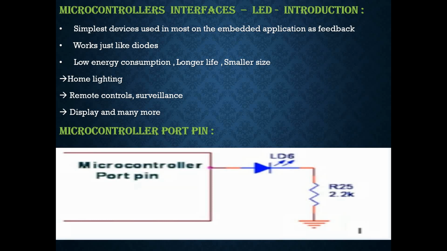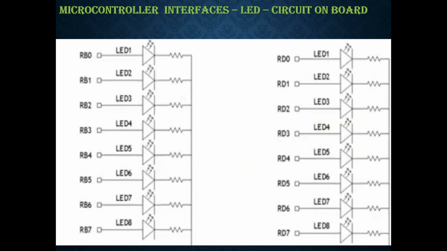This is the diagram of how we interface the LED to the microcontroller. Microcontroller interfaces LED circuit on board. This is the physical connection, how the LEDs are connected to the microcontroller in the board we are using.